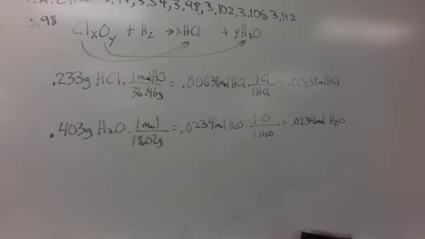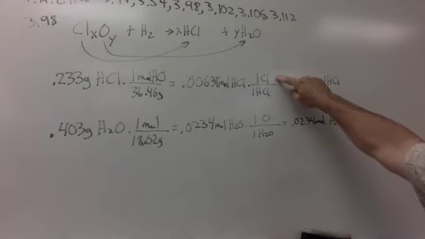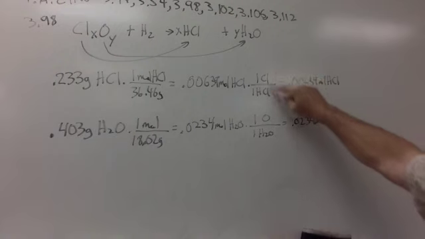For example, HCl shows me a ratio of 1 to 1 for H and Cl. So noticing that 0.00639 moles of HCl will need to also have 0.00639 moles of chlorine atoms. It's a 1 chlorine to 1 HCl ratio in the chemical formula.